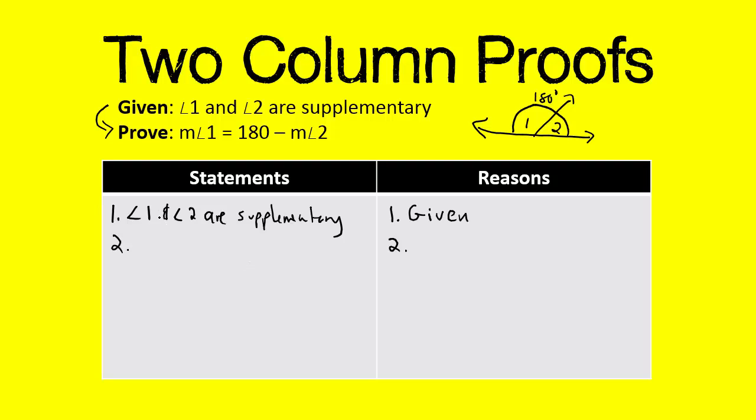So that's the only thing I can come up with next. So I'm going to use that. So the measure of angle 1 plus the measure of angle 2 is equal to 180 degrees. And the reason I'm going to use is that that's the definition of supplementary angles.